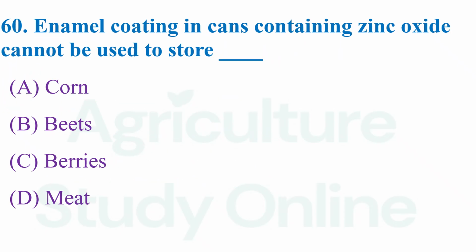Question number 60. Enamel coating in cans containing zinc oxide cannot be used to store. So enamel coatings containing zinc oxide are not suitable for acidic foods. Example, berries. They are acidic, and even they are rich in organic acids like citric, malic.